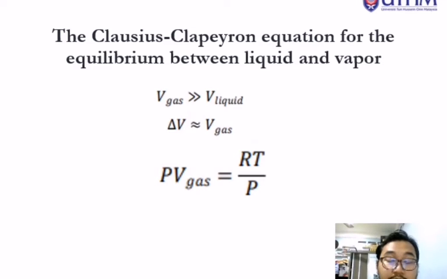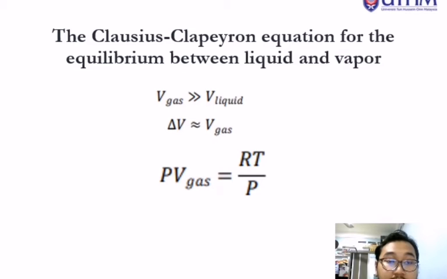From the previous equation, we can see L is the latent heat of evaporation, which is the enthalpy of vaporization, T is the temperature, and V is the specific volume of gas. Since the volume of gas is greater compared to the volume of the condensed phase, V gas is bigger than V liquid.